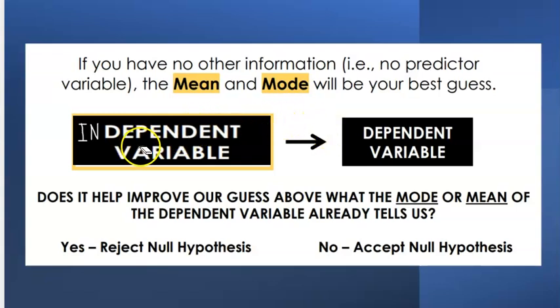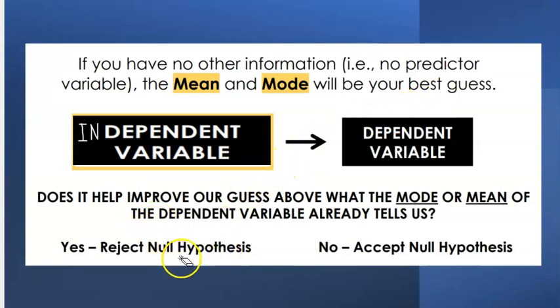The independent variable means that this condition affects the consequence in the dependent variable. If you have no other information, like a predictor variable, the mean and mode can be your best guess in descriptive statistics. But now you can obtain more information by using inferential statistics.